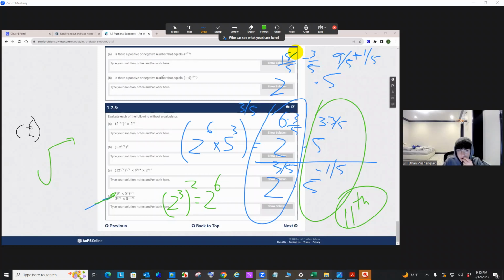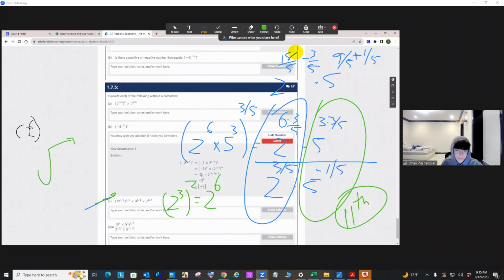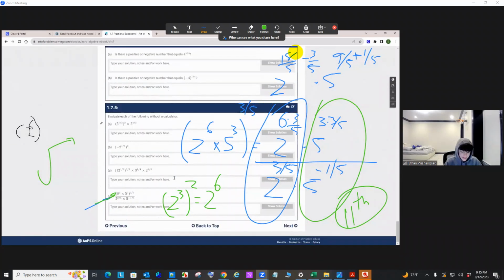Now, Dan gives the answers pretty fast, if I remember correctly. Like within a day or two, he's going to flip the switch and you'll be able to show the solution. No, this is my homework from tonight. Oh, good. Yeah, I can see if I get it right or wrong. Okay, and can I clear this? Yeah. Okay, good.